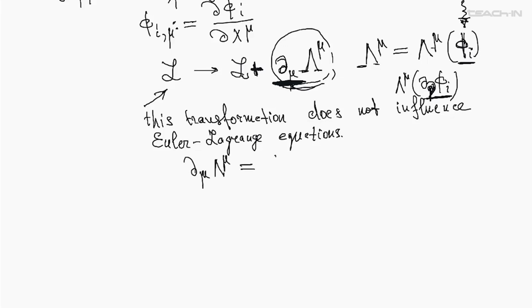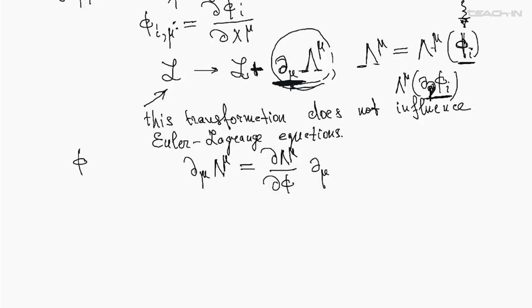Let's consider the case when we just deal with a single field, not necessarily scalar, just a single field phi. Then this derivative d mu lambda mu can be written as a derivative of lambda mu with respect to phi, and then the derivative of phi with respect to mu, like you differentiate a composite function, right?